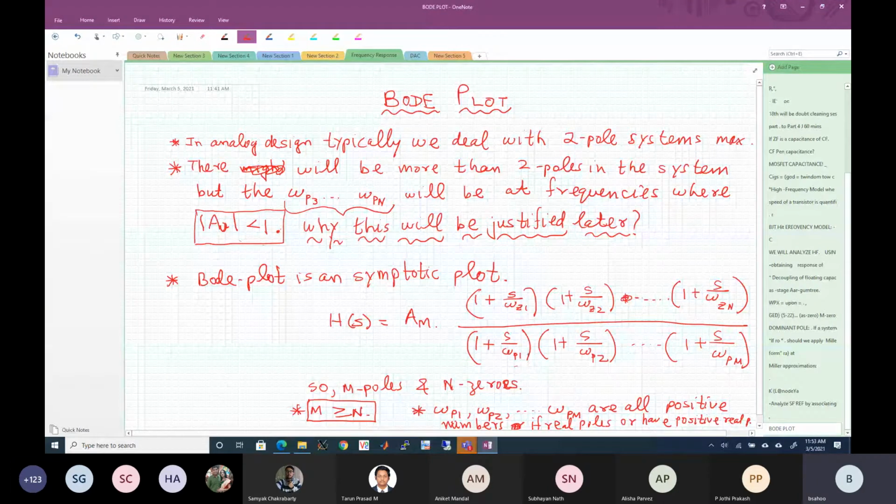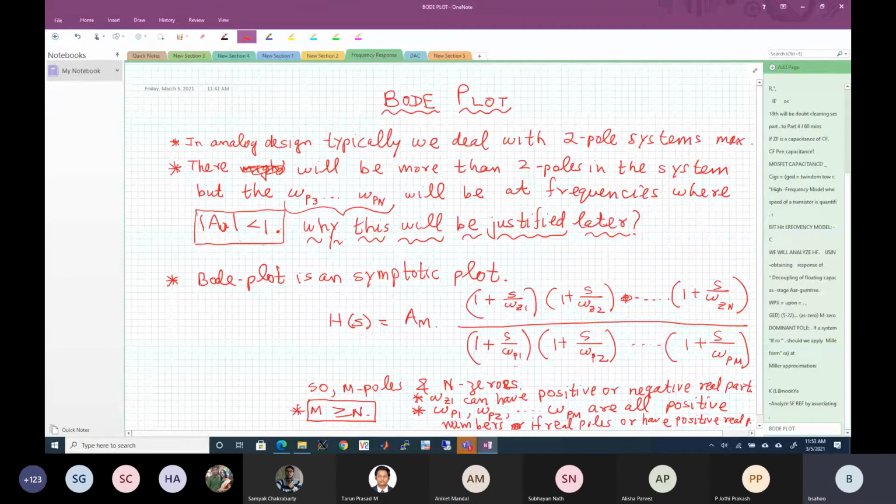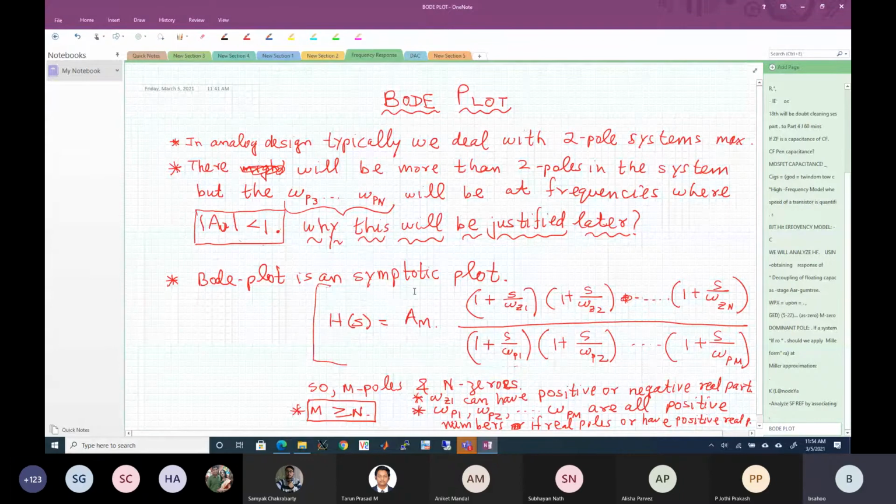But the zero location, omega z1, can have positive or negative real part. So this is important. These are certain things about the transfer function. From now on, we will consider the transfer function in this manner.